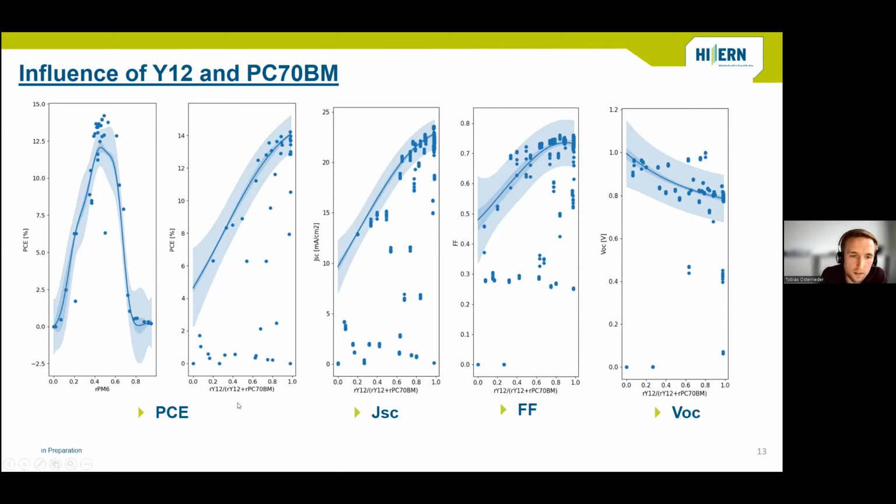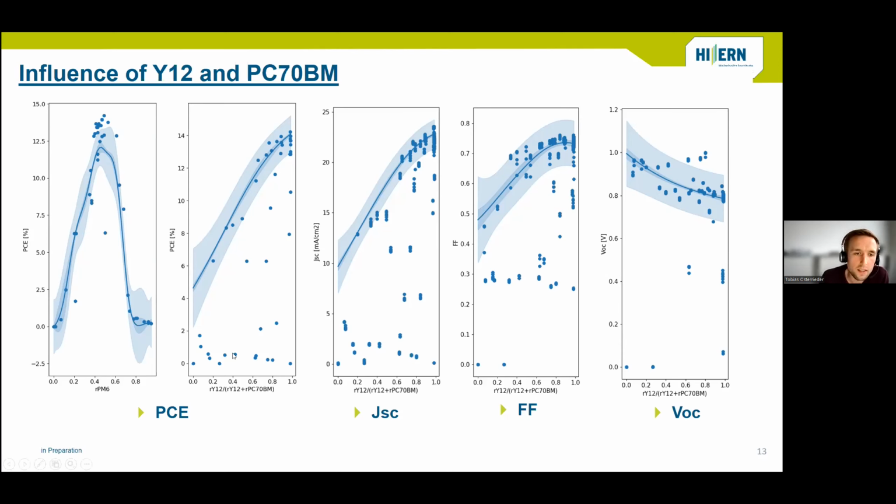On the right side we have the ratio between the acceptors, and the other 3 are the different electronic features, JSC, fill factor, and VOC, showing just the influence of the PCBM Y12 ratio. We can see that for a donor-acceptor ratio of about 1:1, we get the best performing cells, which is kind of expected. And we can also see that the RPM6, so the ratio of the donor, is quite important. If we don't have any acceptor, or if we don't have any donor, we don't get any working cell. So this is our most important parameter here.